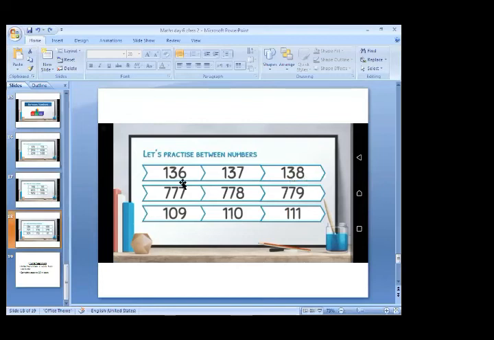So which number comes between 136 and 138? Think which number comes after 36? 37 comes. So you will write here 137. So 137 comes in between 136 and 138.